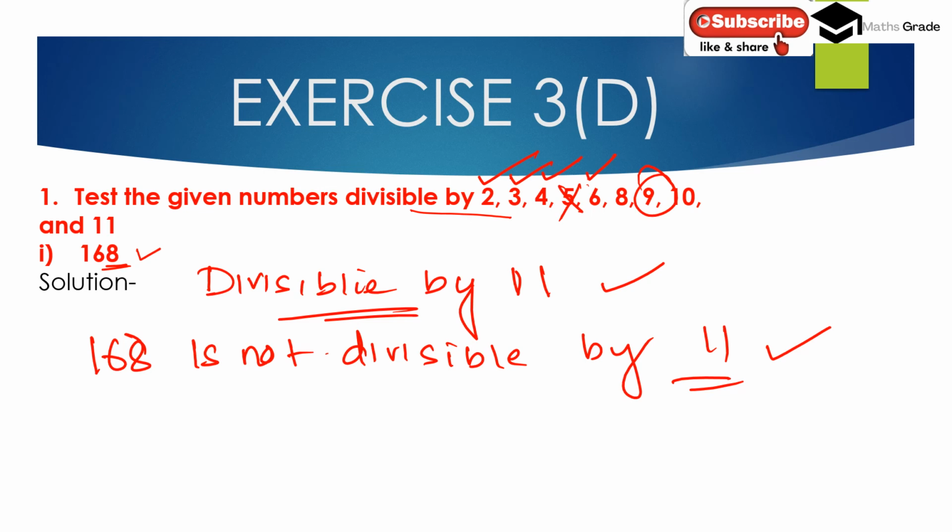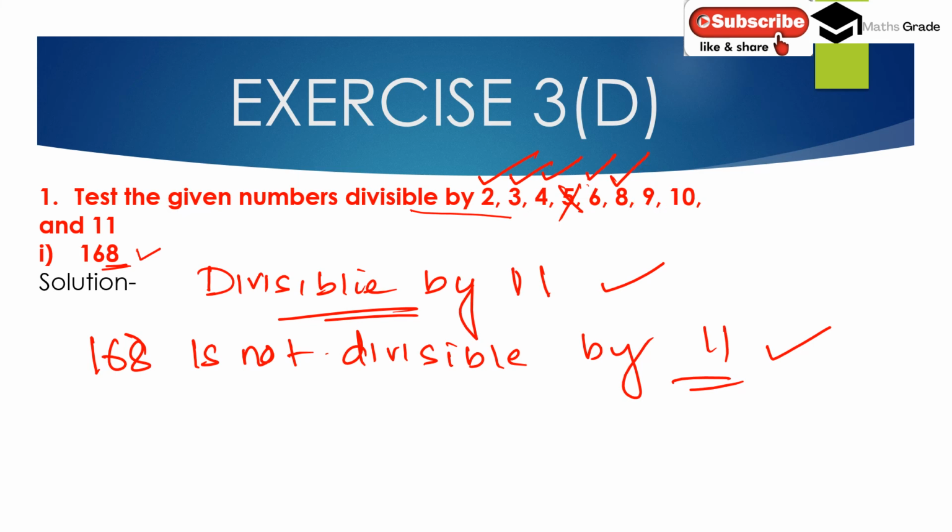Now this number 168 is divisible by 8 because the last three digits are divisible by 8. The sum of digits of this number is 15, and 15 is not divisible by 9, so this number is not divisible by 9.